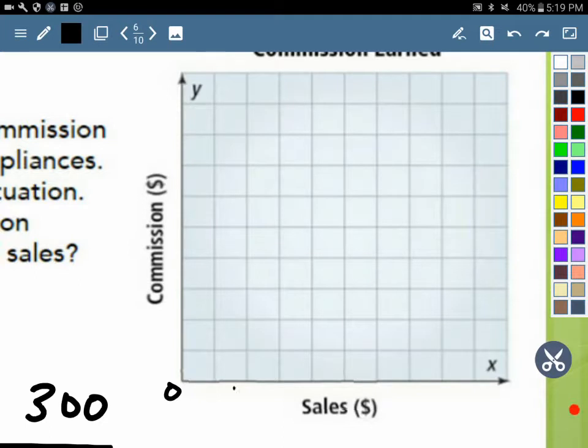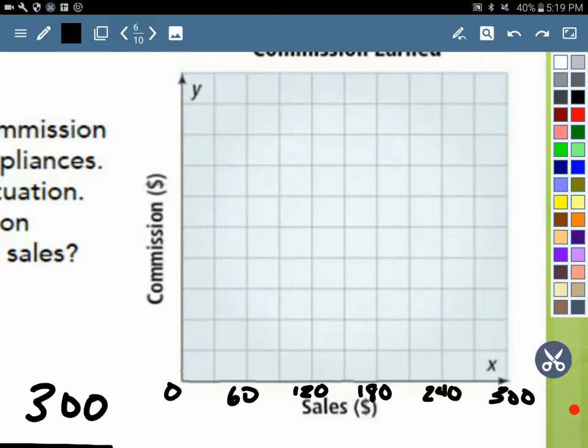I'll just label the 60. And that's okay. You can skip some of the labels if it helps you clean up the numbers. So 30, 60, 90, 120, 150, 180, 210, 240, 270, and 300. So it's a little cleaner.